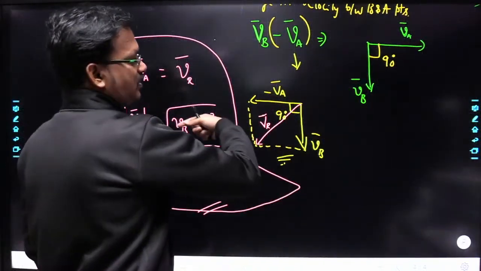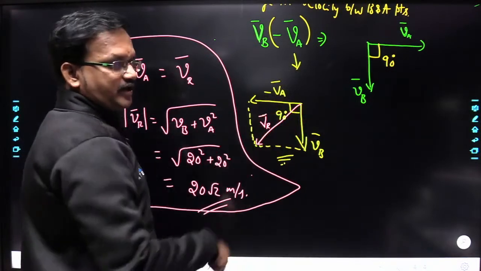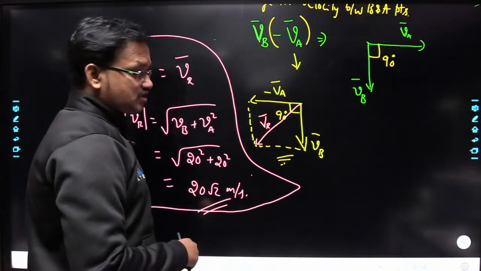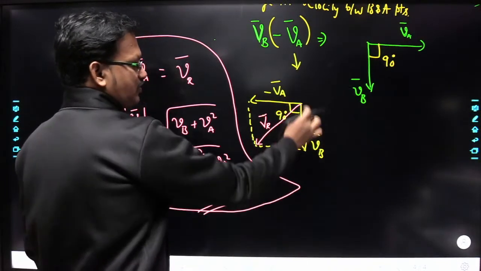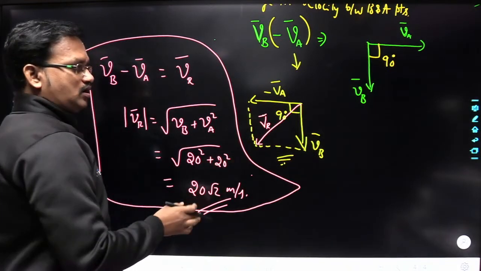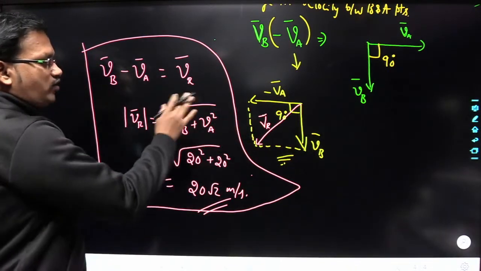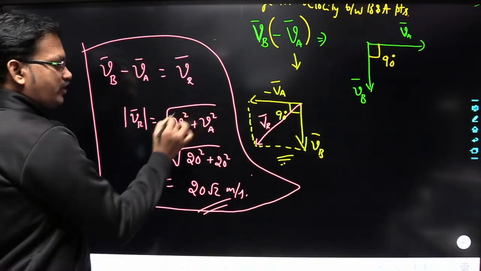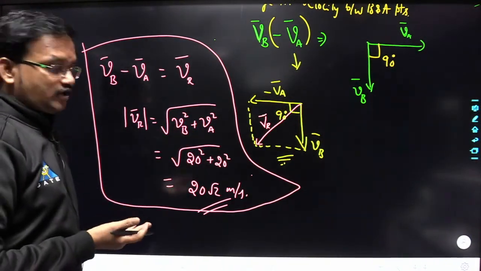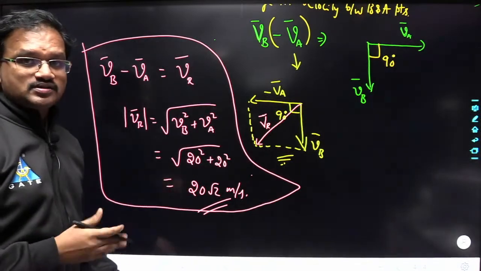See, minus VA bar is pointing in this direction, VB bar is pointing in this direction, so the resultant vector is going to point in this direction. Understood? From this you can form a right angle triangle. So VR bar magnitude is equal to the square root of VB square plus VA square, that is the square root of 20 square plus 20 square, that is 20 root 2 meters per second.